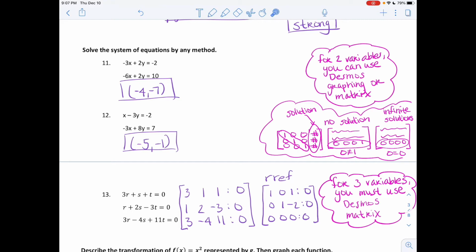If instead we had a 1 here instead of a 0, then that would indicate that we had no solutions. But because we have an entire row of zeros, it's infinite solutions. So infinite solutions is the answer.